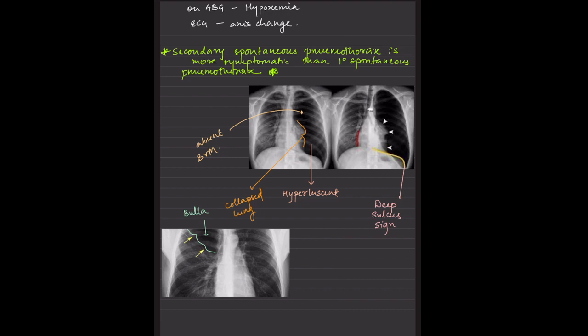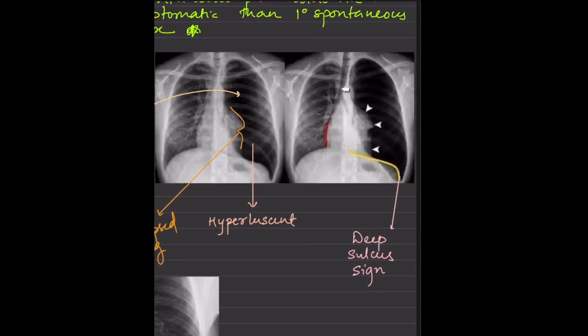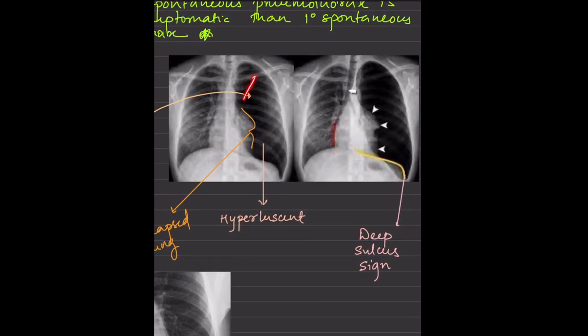Then in the X-ray findings, if you notice, there is hyperlucency seen as compared to the right side lung, and we cannot appreciate the lung borders over here.